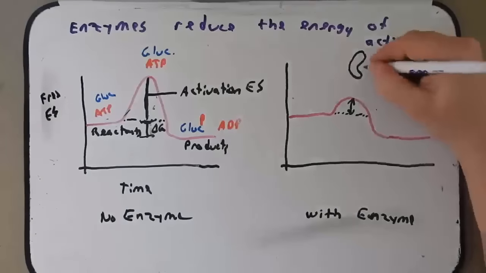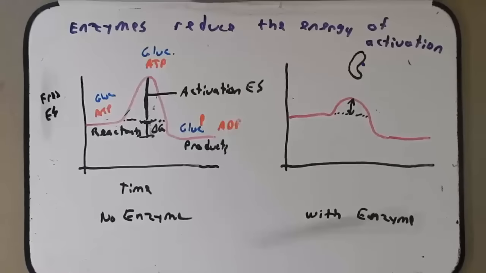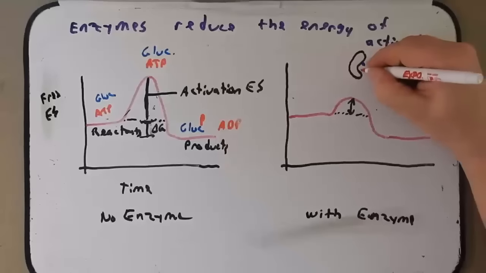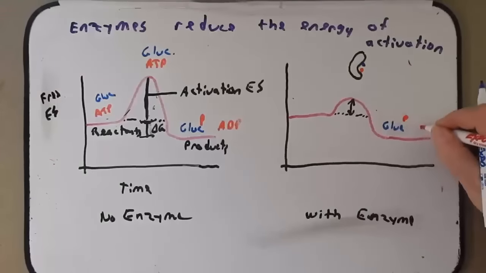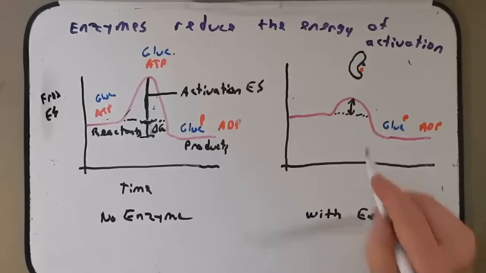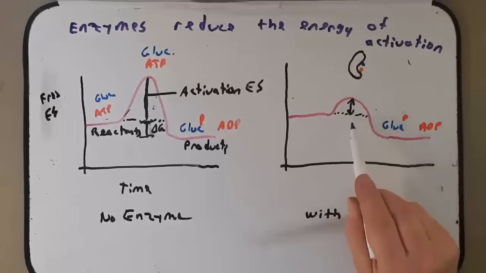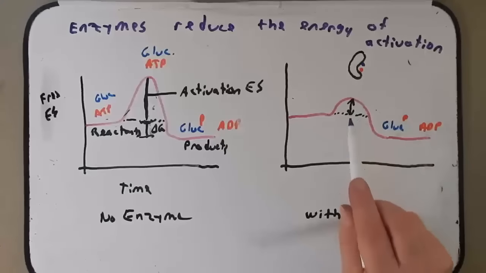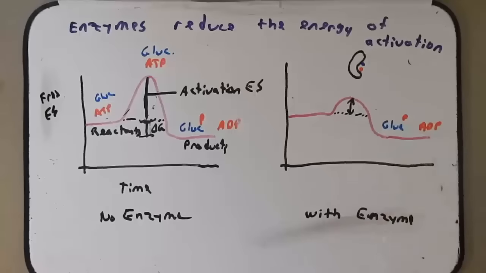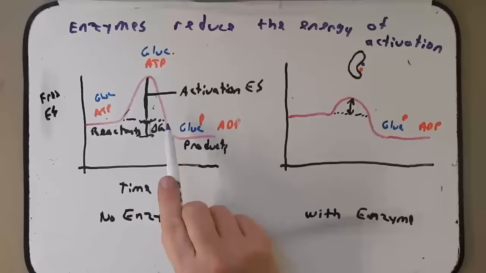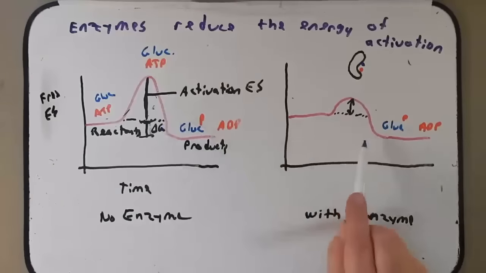So this enzyme properly holds that glucose molecule and the ATP molecule in such a way that it facilitates the release of the products, glucose with the phosphate on it and ADP. It decreases the energy of activation. Less kinetic energy is needed to convert a reactant to a product. And that's the purpose of an enzyme, is to make these very improbable interactions more probable.